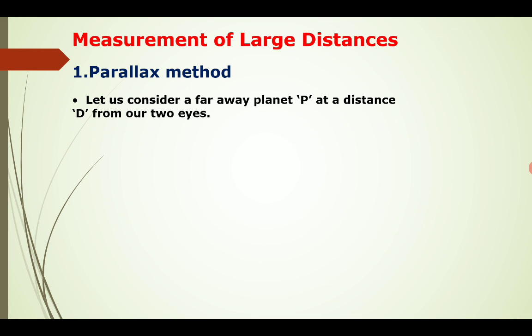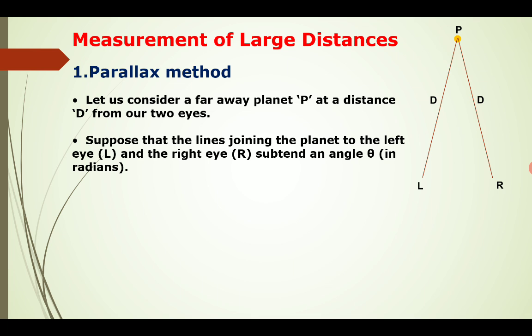For this, let us consider an object, that is a planet, which is far away, and suppose the distance of that planet from our two eyes is capital D. Now here you can see in this figure that P is the planet and L is our left eye, R is our right eye, and D is the distance of that planet from these two positions.